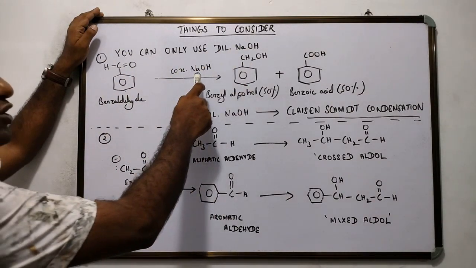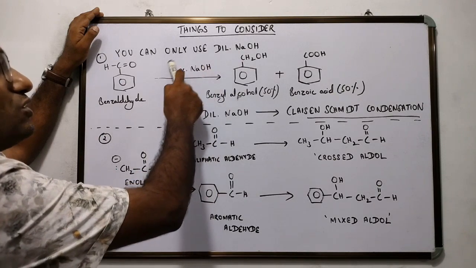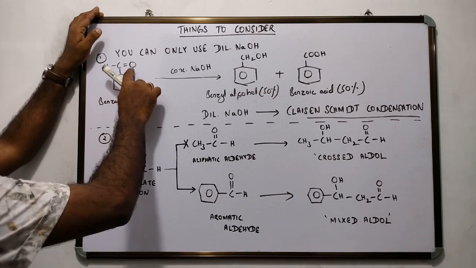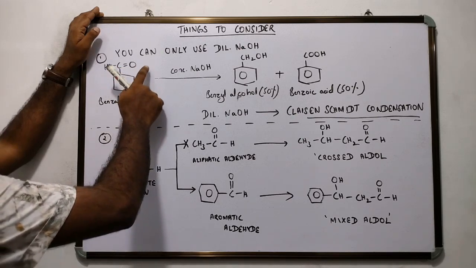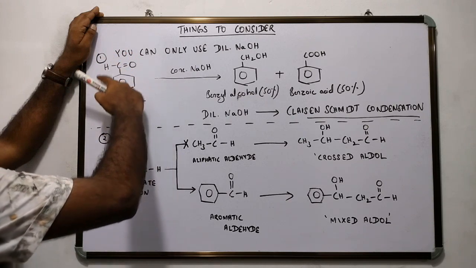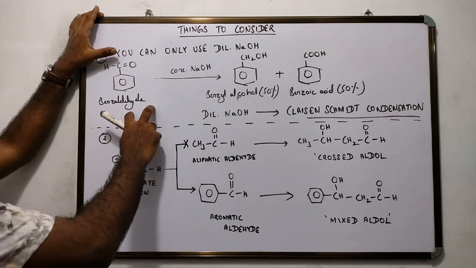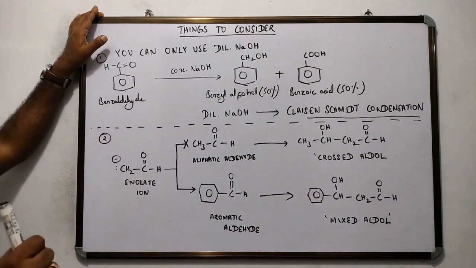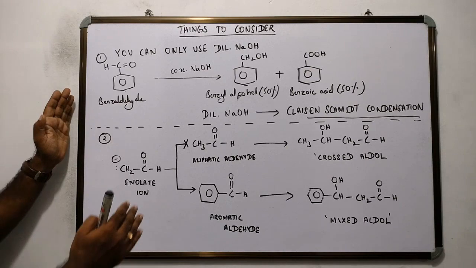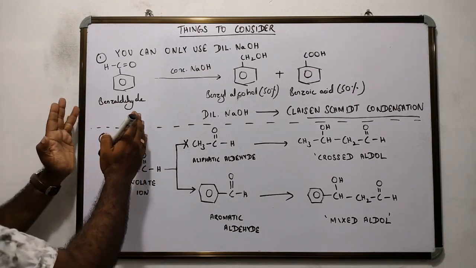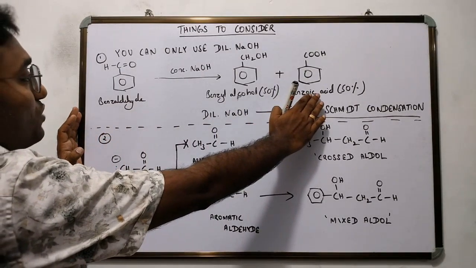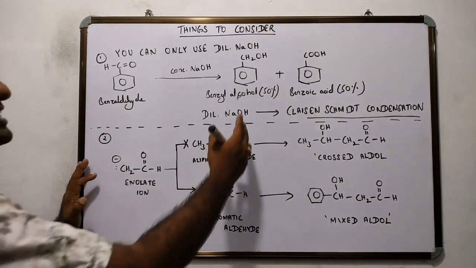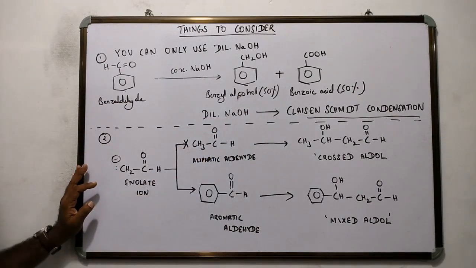For if you have used concentrated NaOH, the concentrated base would break the pi bond between the carbon and the oxygen in an aromatic aldehyde, resulting in the aldehyde undergoing the Cannizzaro reaction, which is a disproportionation reaction wherein 50% of the aldehyde molecules are oxidized to an acid and 50% are reduced to an alcohol.